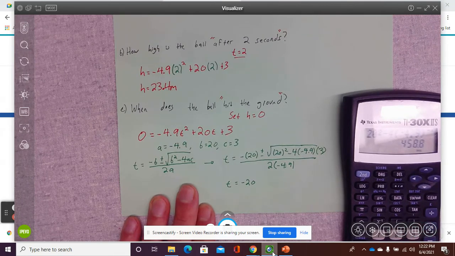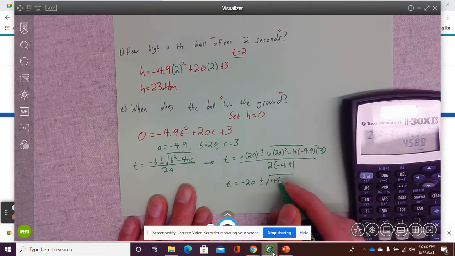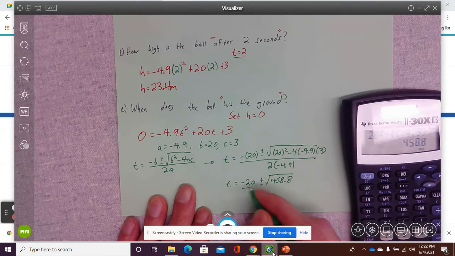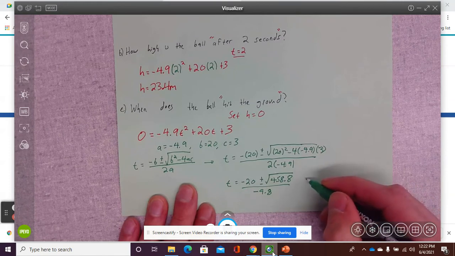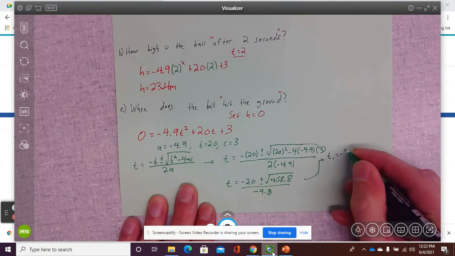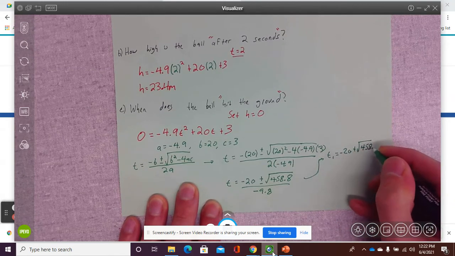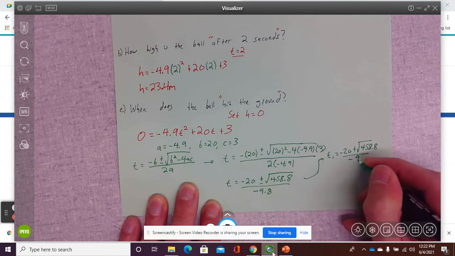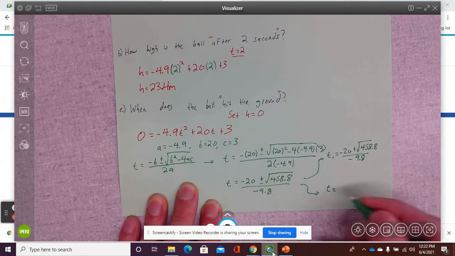So I've got this plus or minus the square root of 458.8 all over 2 times a, negative 9.8. So now I can split this up. So I have time is either equal to negative 20 plus the square root of 458.8 over negative 9.8, or the time could also equal negative 20 subtract.